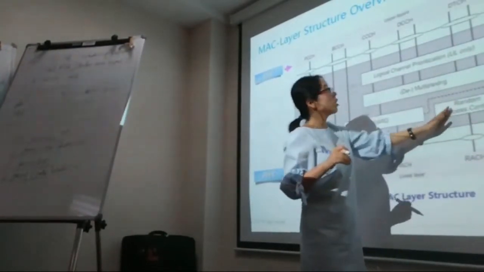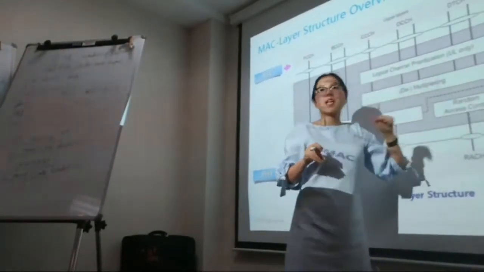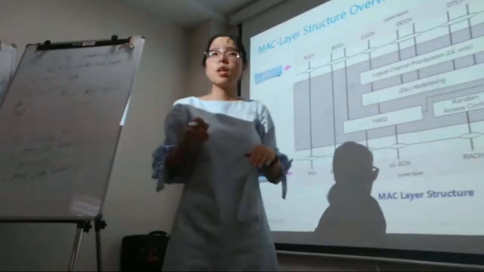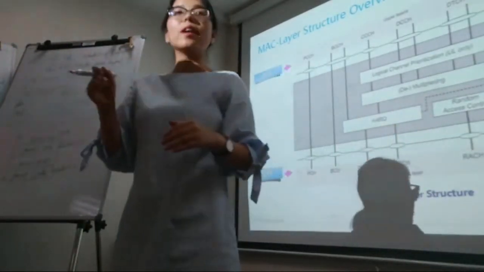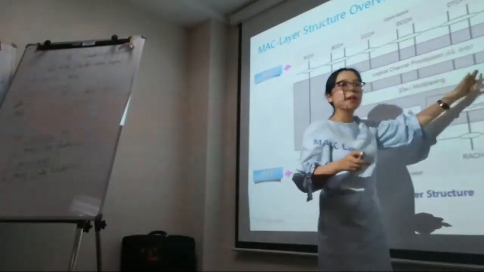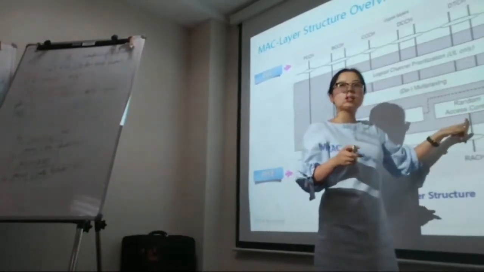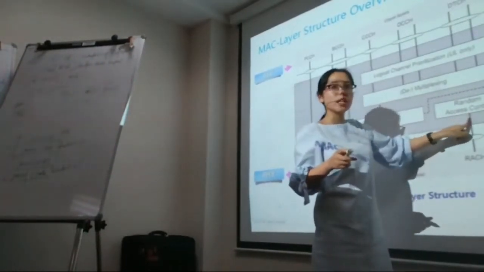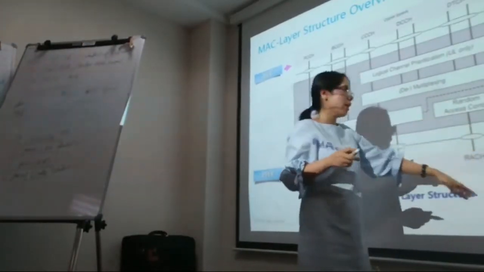You can see that no upper layer arrives at the random access control. That means the random access control is initiated by the MAC layer, right? There is no mapping from the uplink, so it only exists in the MAC layer. So this is the initiation, and it will transmit to the lower layer.